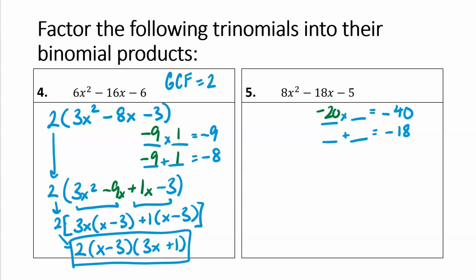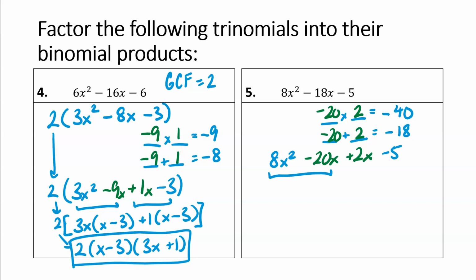Negative 20 and positive 2 should work. We use those to rewrite the middle term. So we'll have 8x squared, the middle term we'll rewrite as negative 20x plus 2x, and then the last term is the negative 5.